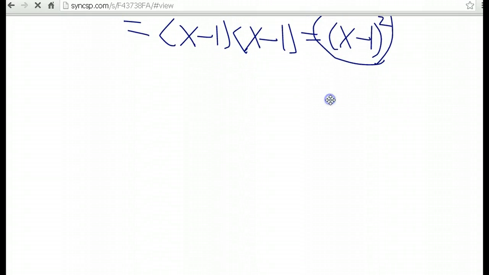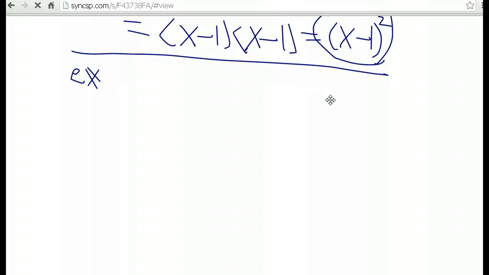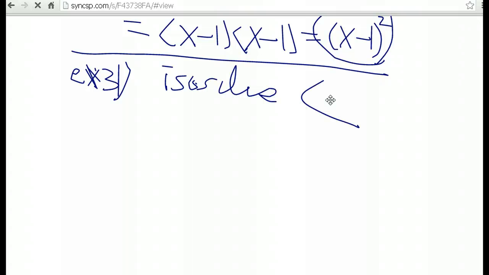Okay, now let's go to the next example. For the next example, I'm going to use a geometry problem. So let's say an isosceles triangle. So what is isosceles? Isosceles is when 2 sides have identical length, and one equivalent way of saying that is in terms of the corresponding angles.